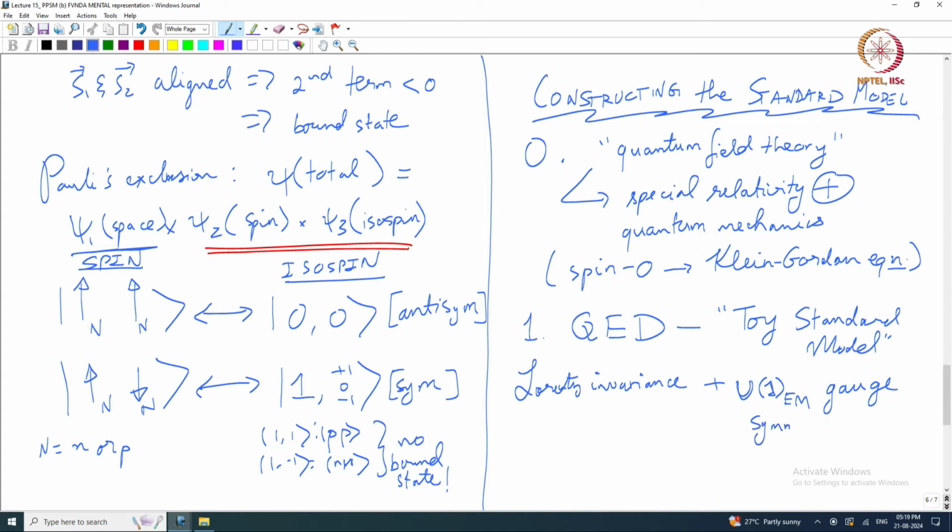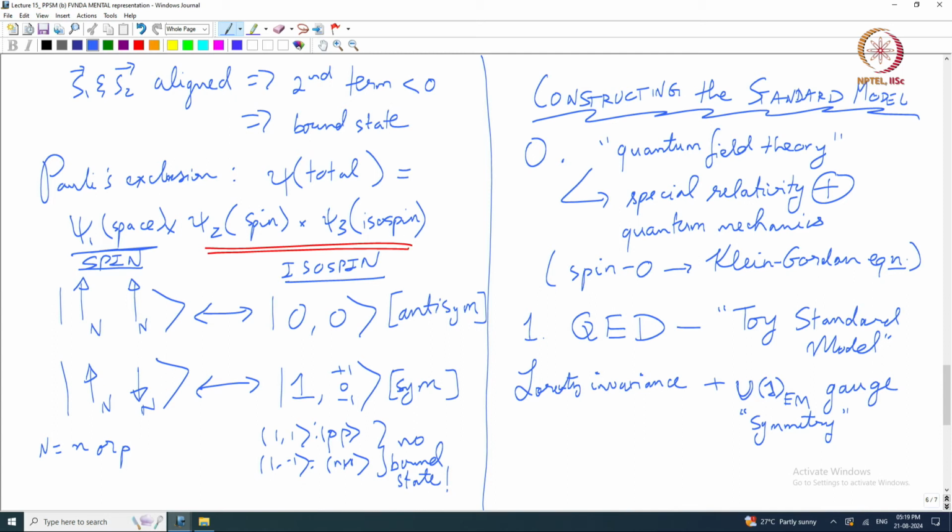But the new word here is gauge symmetry, okay. And I am going to put the word symmetry also in quotes because there is a lot of debate about whether a gauge symmetry is really a symmetry or just a redundancy in field descriptions and so on. Okay.